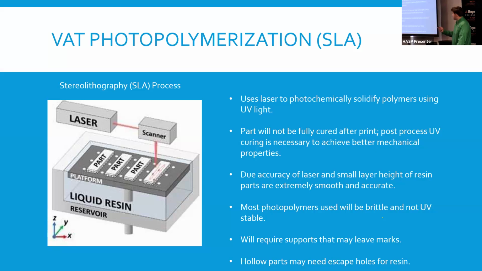So when you're doing this, you're essentially dipping it in the resin and then curing it, taking it out, dipping it again, layer by layer by layer. And in that liquid resin, that platform moves a little bit farther as it goes. So you may have places where that resin gets trapped.